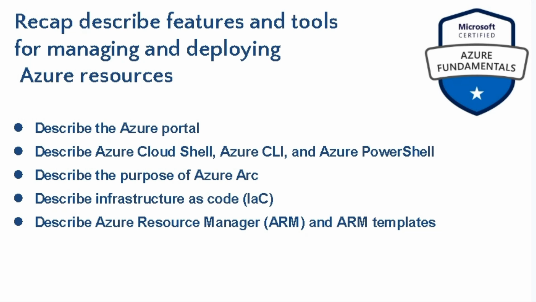And Azure PowerShell is the same thing as regular PowerShell, just located on the Azure web portal. We described Azure Arc, the bridge that allows me to communicate. I showed you what infrastructure as code is. Remember, this is templates and code files for managing things more easily. And then I showed you Azure Resource Manager and the ARM templates, JSON and Bicep. Remember this for your certification.